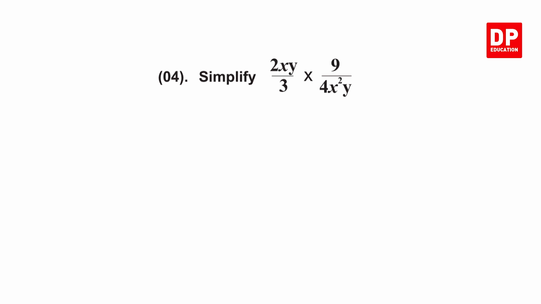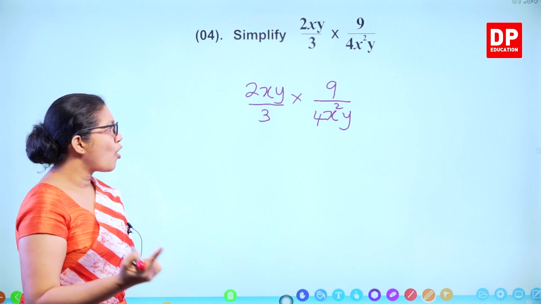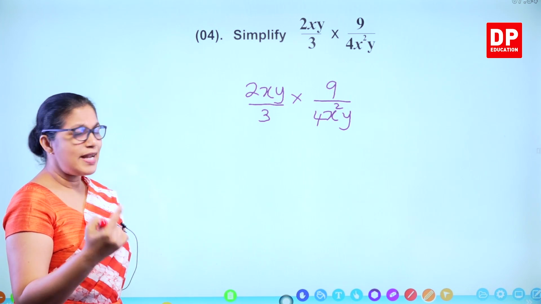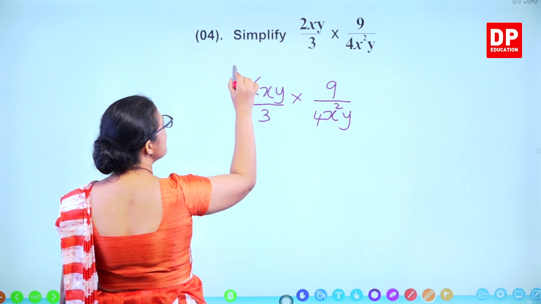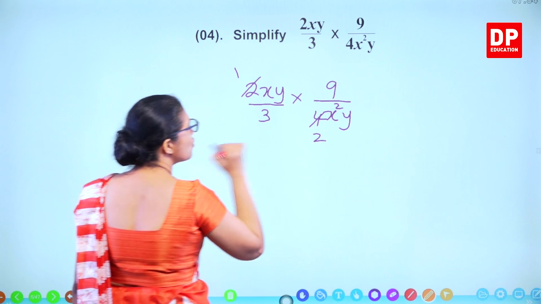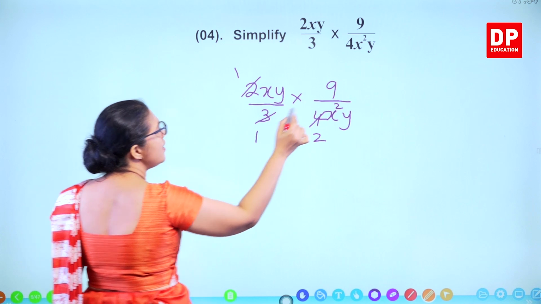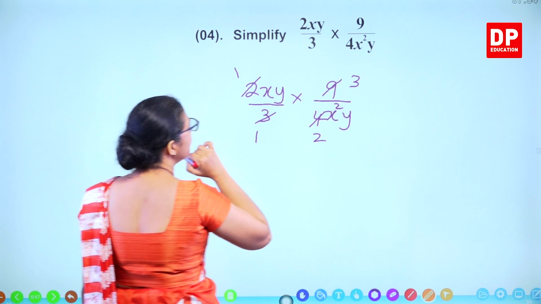Question number 4. Simplify. 2xy over 3 multiplied by 9 over 4x squared. So you can cross out the common factors with numerator and the denominator. So here 2 and 4. 2 times 1, 2 times 2. 3 times 1, 3 times 3.